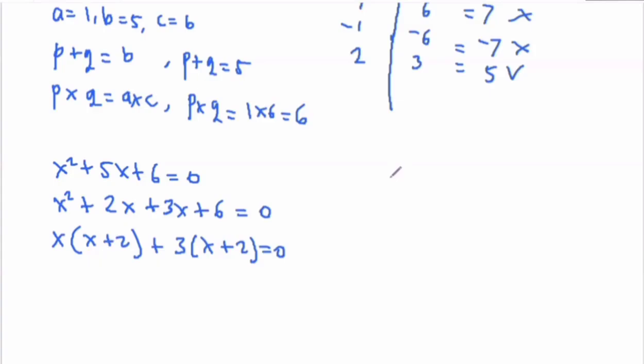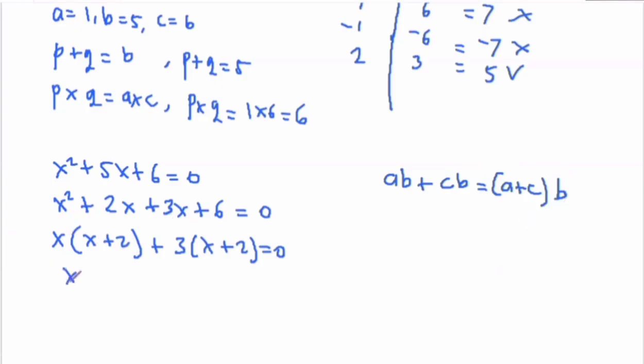Then for x plus 2, we see here, for example, a times b plus c times b is equal to a plus c times b. So a is x, c is 3, b is x plus 2. So a plus c is times b.